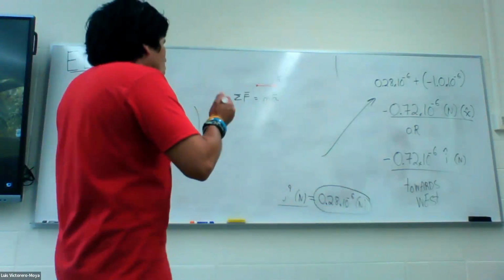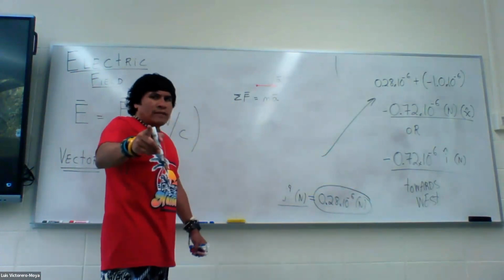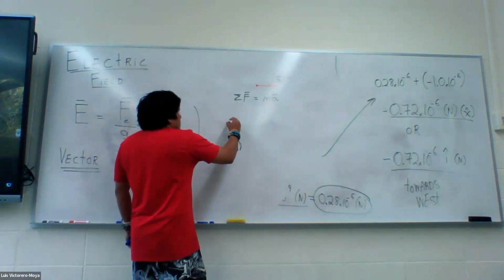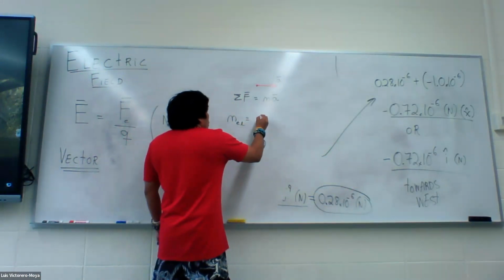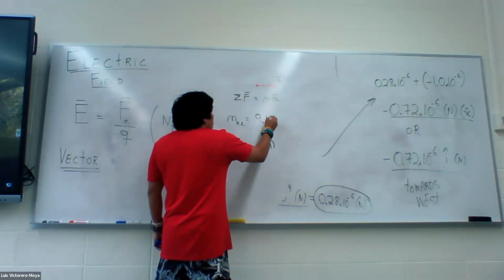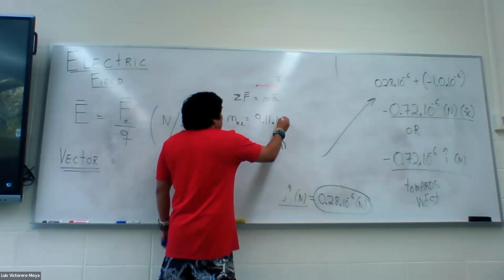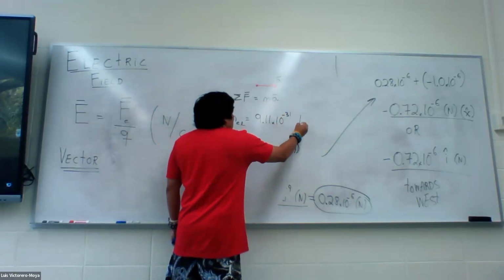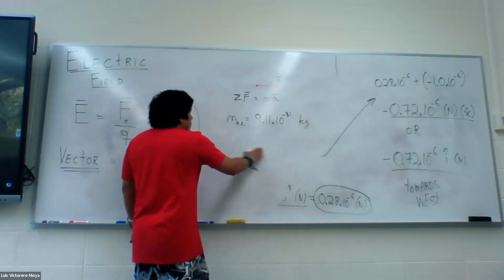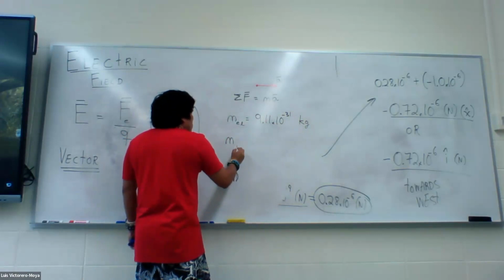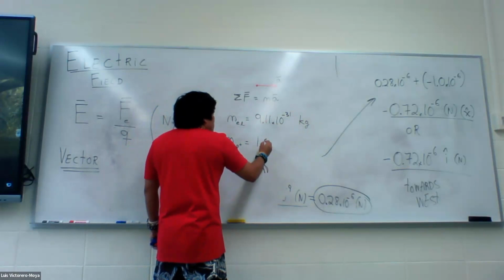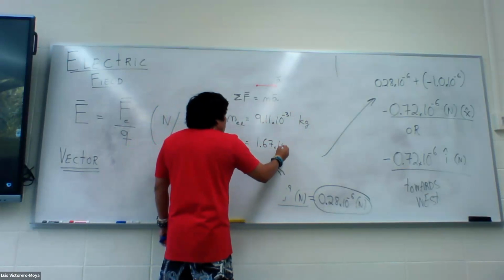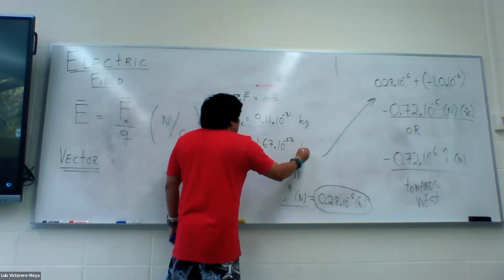Something that you should know, and please make sure you write this down, is that the mass of the electron is equal to 9.11 times 10 to the negative 31 kilograms. Furthermore, the mass of the proton is equal to 1.67 times 10 to the negative 27 kilograms.